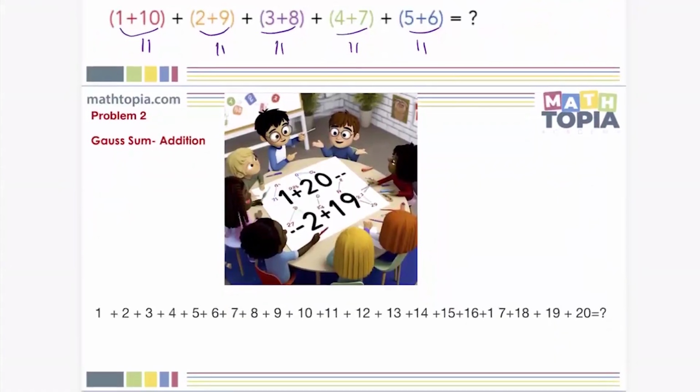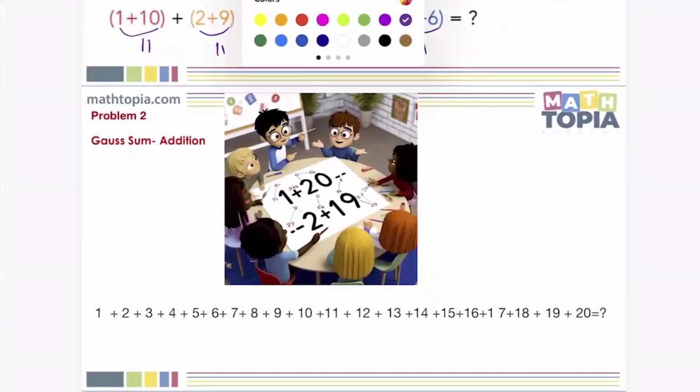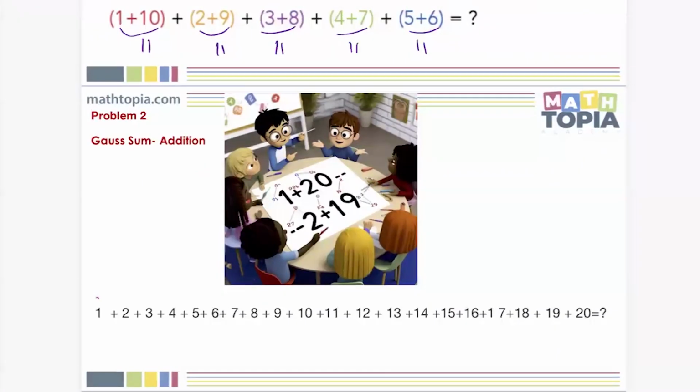They added all of them. They all equaled 11. But in this case, Sarah, what do you think? I think it would make 21 instead of 11. And also you could attach them.